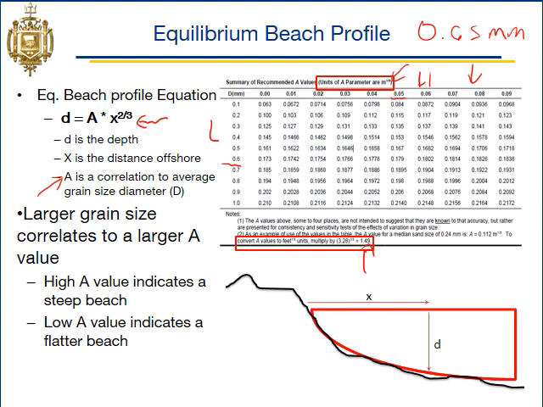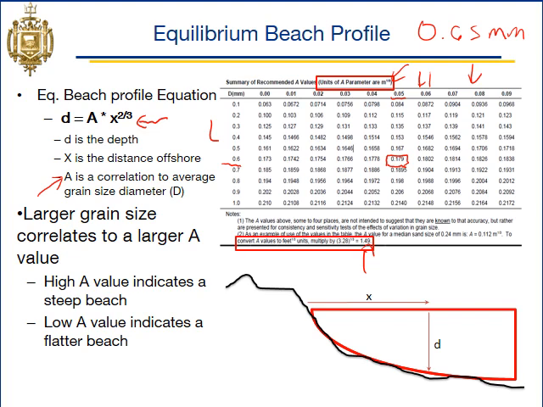Where those meet up is our A value. So for 0.65, the A value is 0.179 meters to the 1/3. We can use that to find either depth or distance offshore, given one or the other.